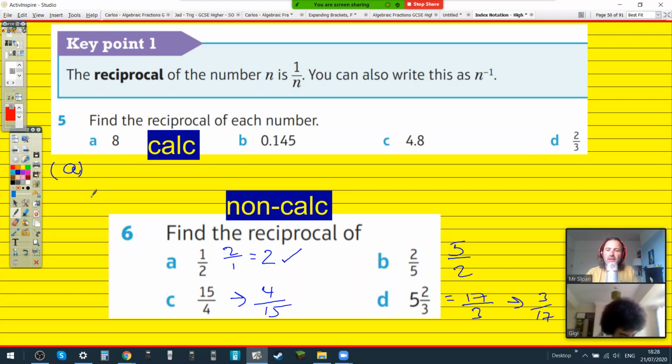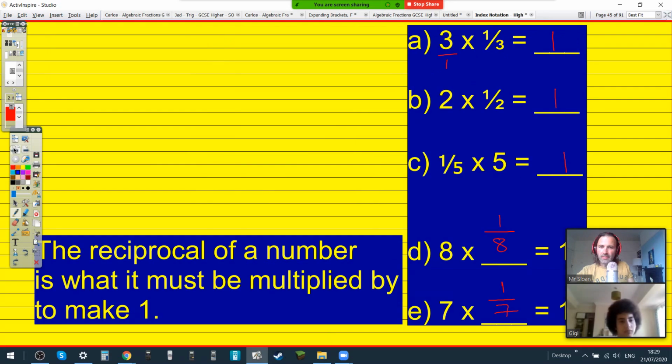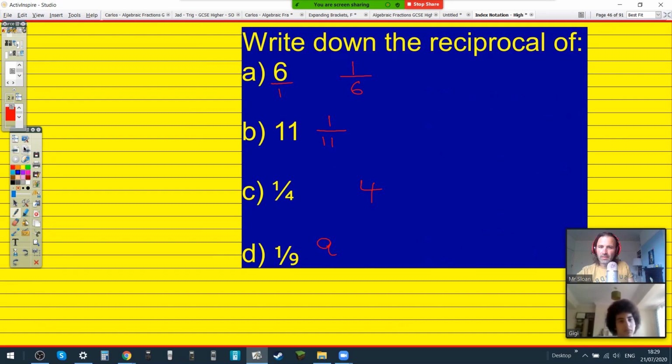And so 5A. Whatever I prefer. Go on. How would you find the reciprocal of 8? What times 8 makes 1? 1. If we go back to here.